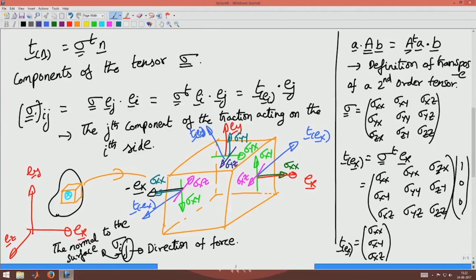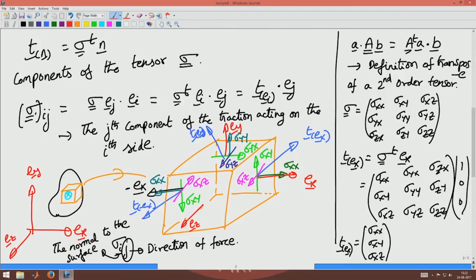Okay. So, we have seen what the stresses are on the E x face, E y face. I am now just going to draw components of the stress on the E z face. This face I am going to draw it. I leave it for you to understand how I got these things. It should be clear by now how I am getting these stress components. So, you have E z acting on this face.